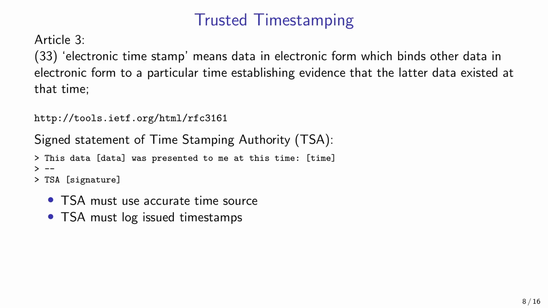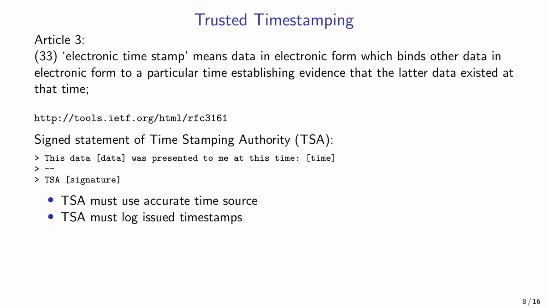This way, even after the TSA signing key gets compromised, there is some offline evidence to verify that a particular timestamp was indeed issued. Would be nice if the issued timestamps were logged using some hash chain or blockchain, as this would bind them to specific time. But this, unfortunately, is not a mandatory requirement for TSAs.